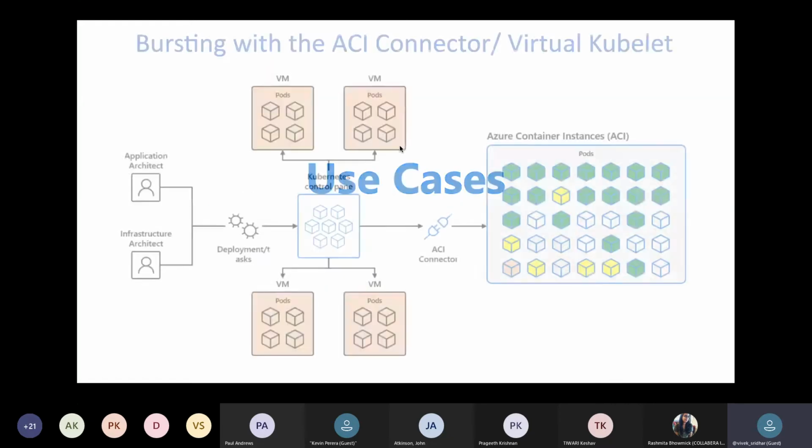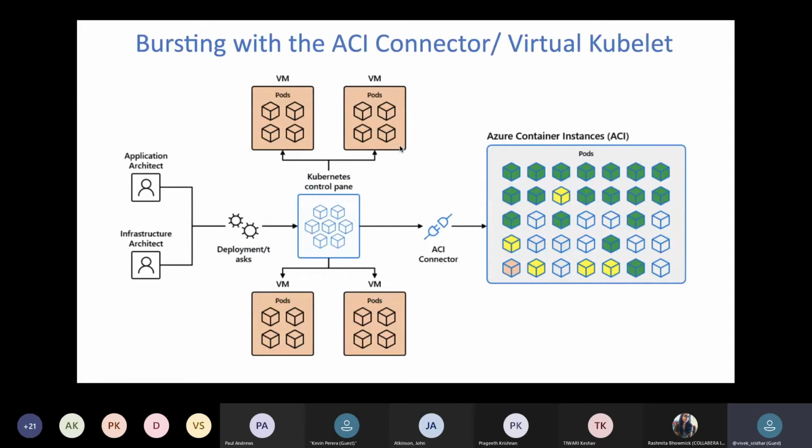Just to give you a use case, you're expecting a lot of users to hit your application, and everything is set, and whenever there is traffic coming in, there is a set of VMs attached to the master node, and those VMs are full. So how do you use the connector?